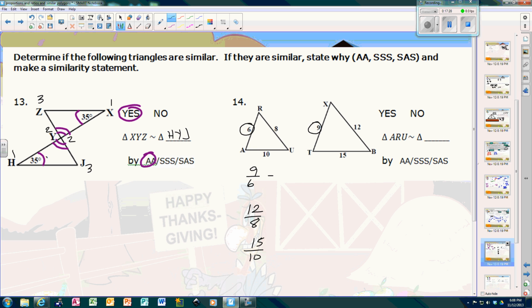And then I'm going to reduce each one. 3 goes into that 3 times and 2 times. 4 goes into that 3 and 2. And then 5 goes into that 3 and 2. So my scale factor is 3 over 2. So they are similar by side, side, side. So angle 1, 2, 3, 1, 2, 3. So TXB, sorry.